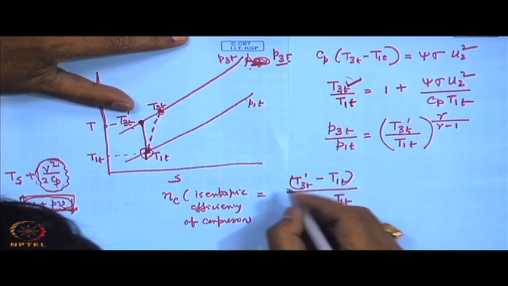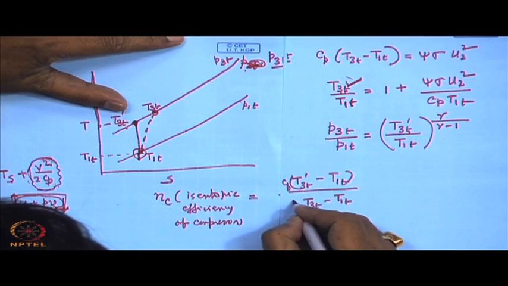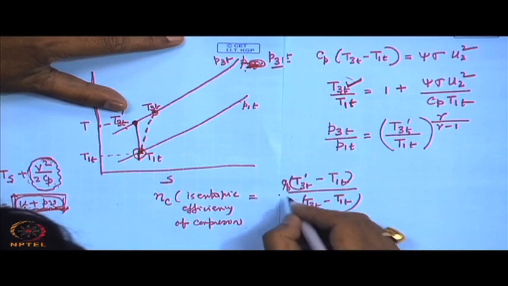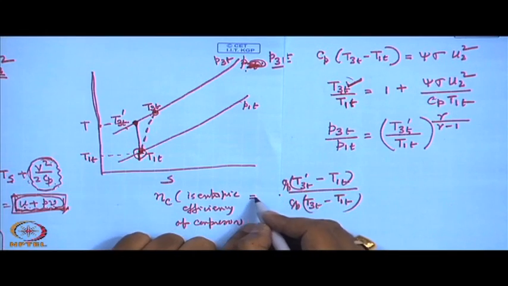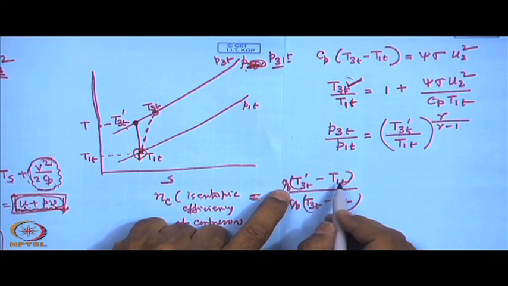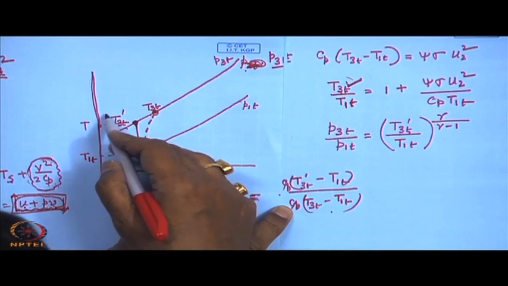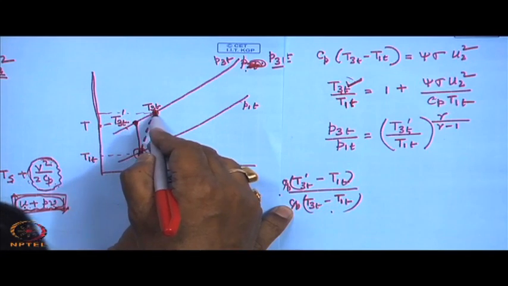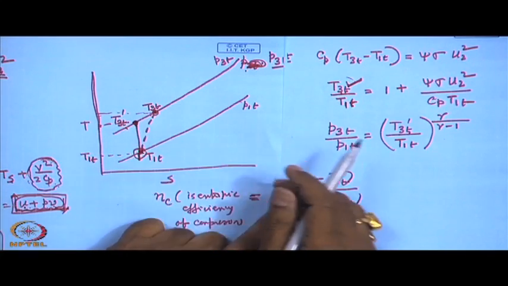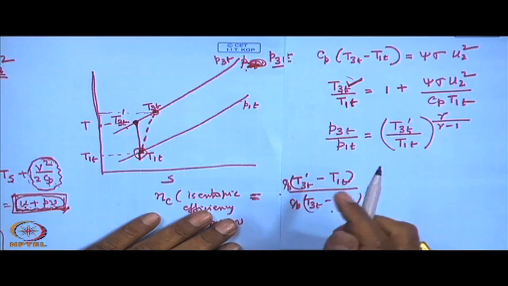Actually, there is a Cp, this cancels out. Physically, this ratio is the ideal work divided by the actual work that is required. Actual work is always more, T3T is more than that. This is because of the friction, and temperature increases because of the increase in the entropy due to internal irreversibility.